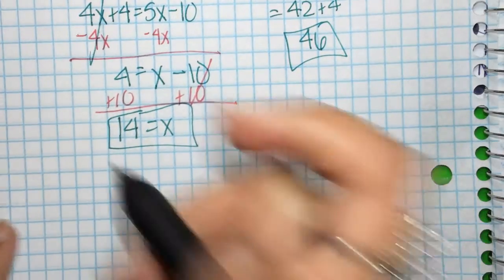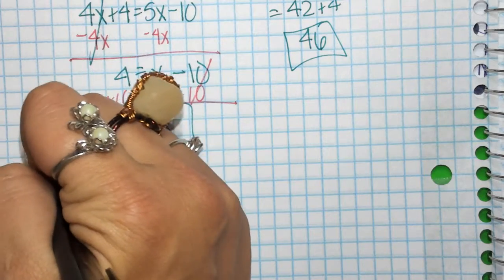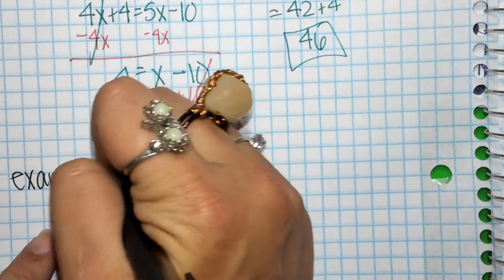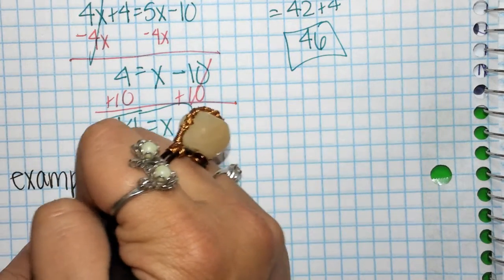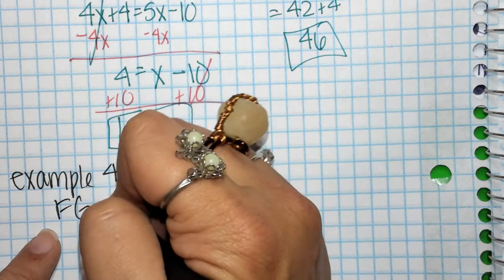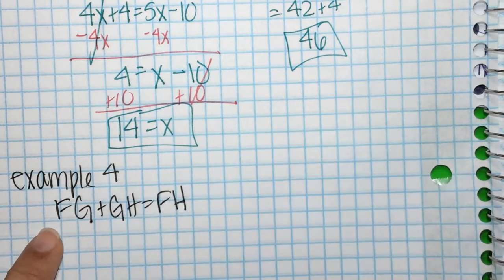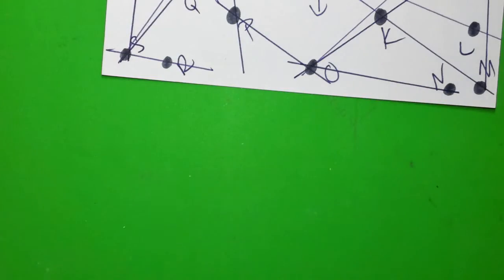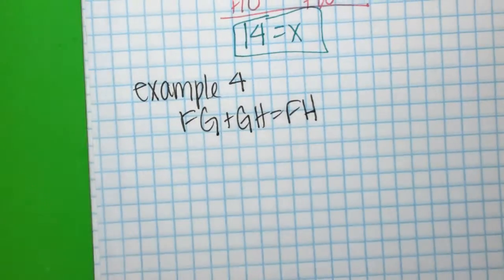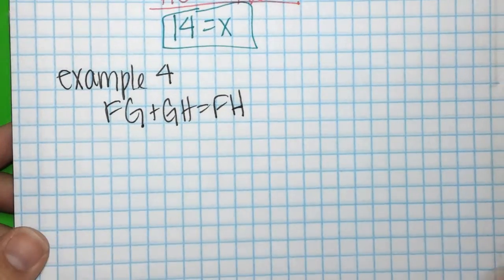And we're going to write example 4. And we're going to say that FG plus GH equals FH. Just like that, because that's what our segment looks like.